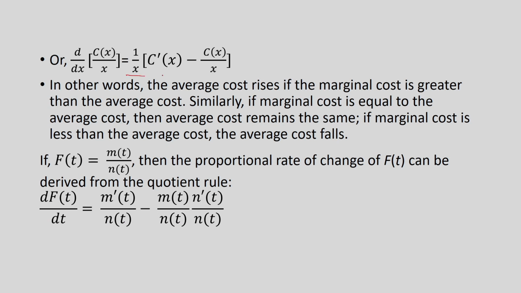If I simplify it a little bit, it becomes (1 divided by x) whole thing multiplied by (C'(x) minus C(x) divided by x). In other words, the average cost rises if the marginal cost is greater than the average cost. Why am I saying this? Because this first expression, if you remember, is called the marginal cost. We have talked about this before, and this itself is average cost.